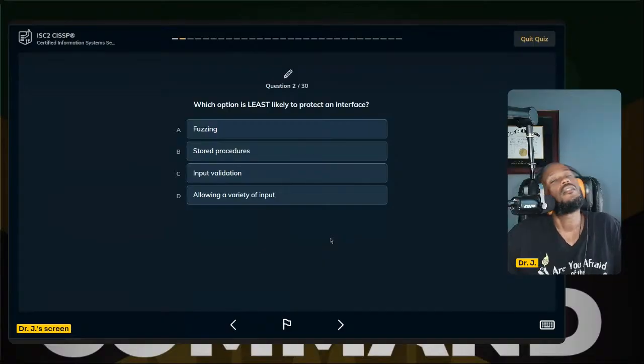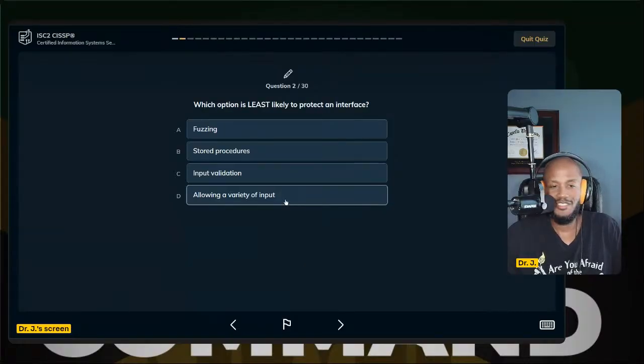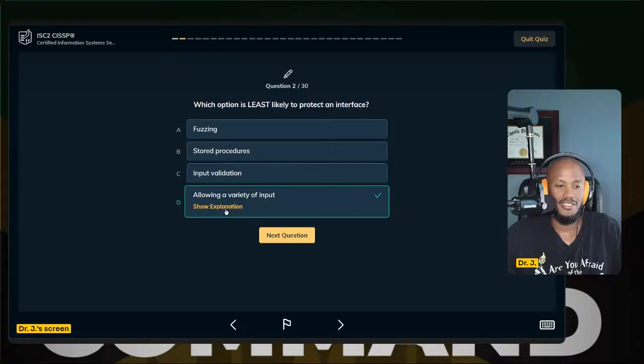The only thing I'm caught up on is the interface. Are we talking about input validation or about interface? Interface can be how two systems talk to each other, and that's what's throwing me off. I'm gonna go with Delta and roll the dice and see.